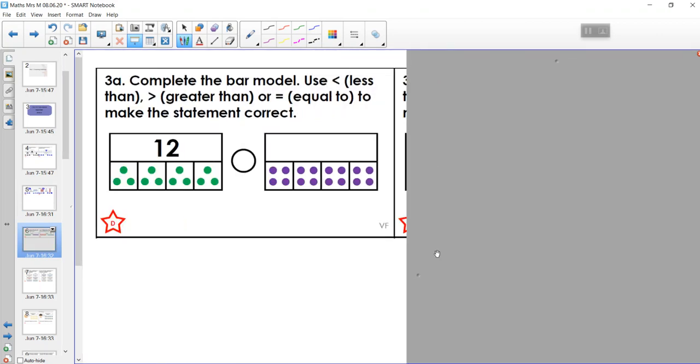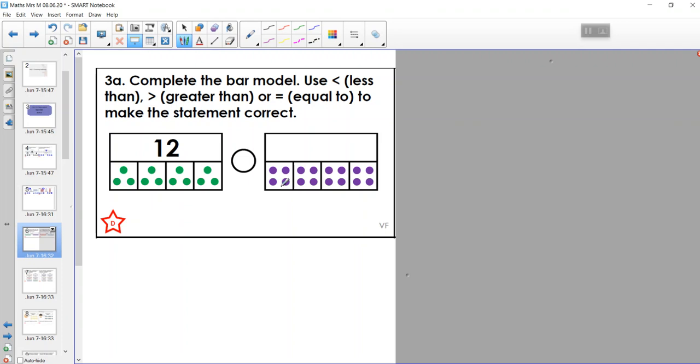We're going to try the same again now. It says complete the bar model, use less than, greater than, or equal to make the statement correct. Well, here we've got 3 4 times. 3 times 4 is 12. And on here I've got 4.